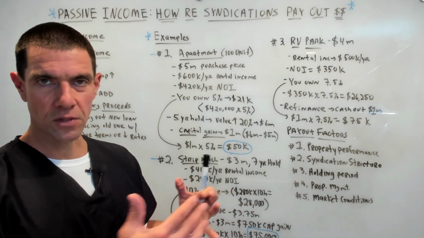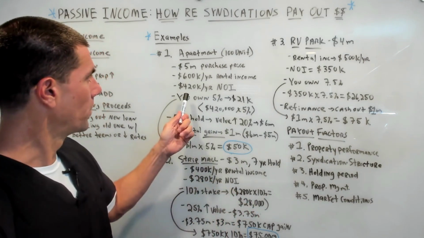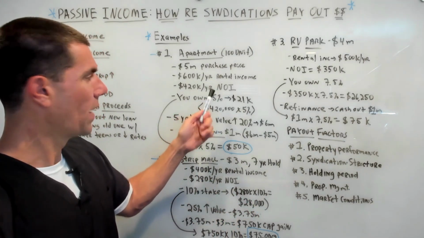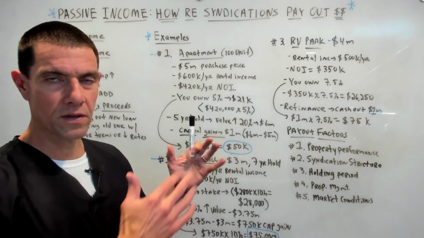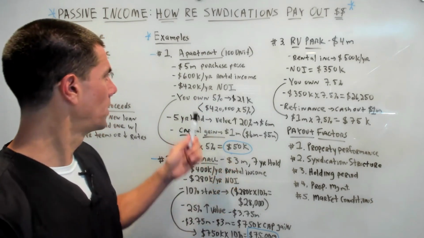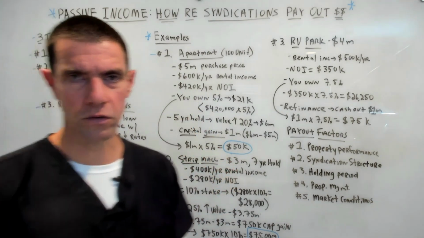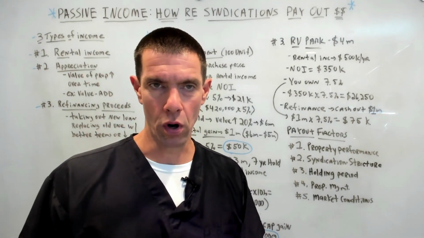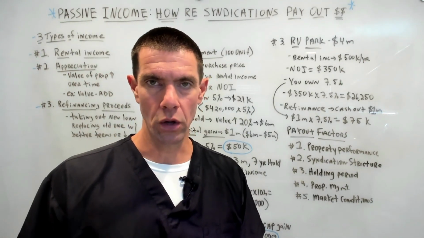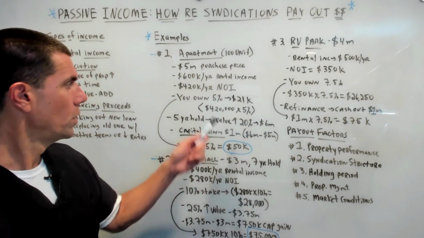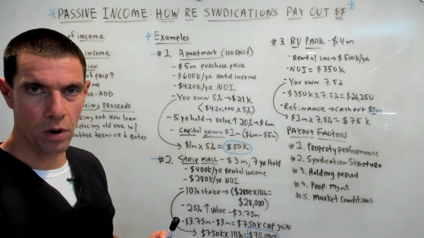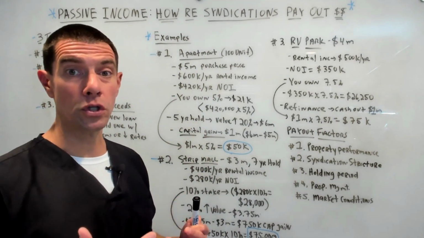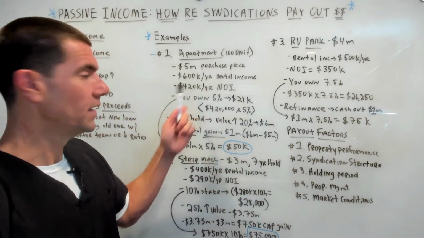After all the expenses on the property, they are able to come up with an NOI, a net operating income, of $420,000, okay? As a limited partner, you own a 5% stake in the property, which entitles you to 5% of this NOI.